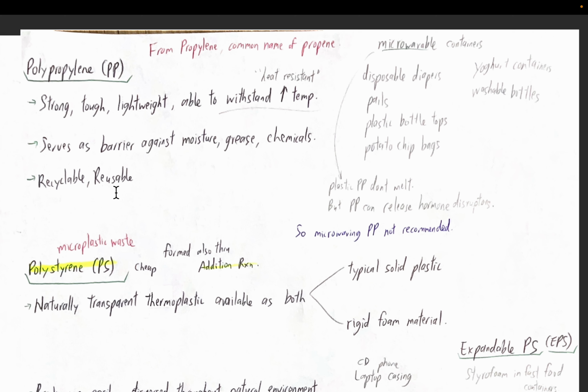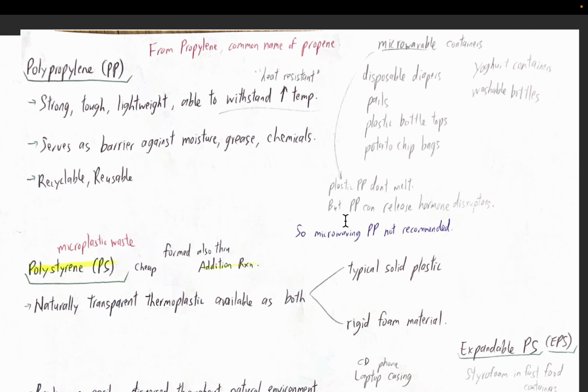So polypropylene, usually what's made from it, we have microwavable containers, because polypropylene doesn't melt. Again, it's heat resistant. It can withstand high temperature. But PP can release hormone disruptors, just like PET. So it's still technically not recommended to microwave polypropylene.